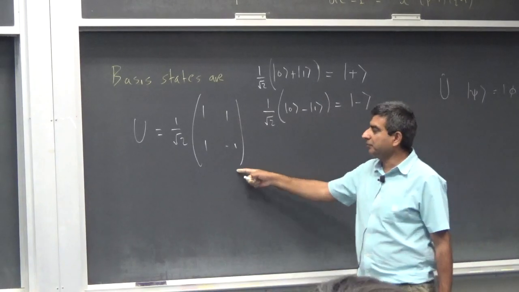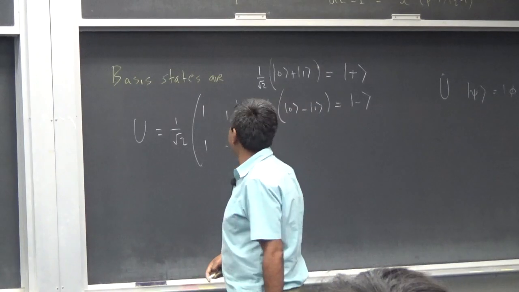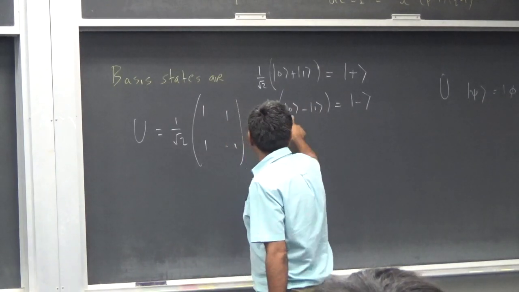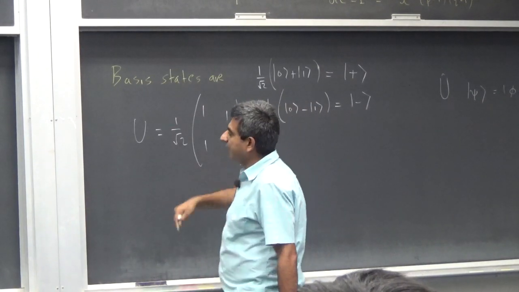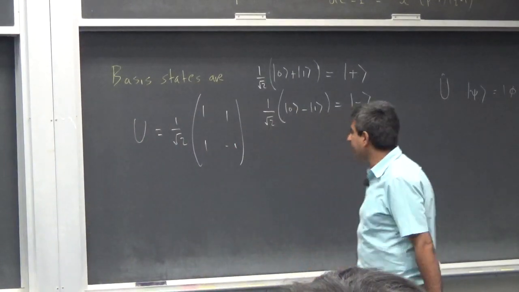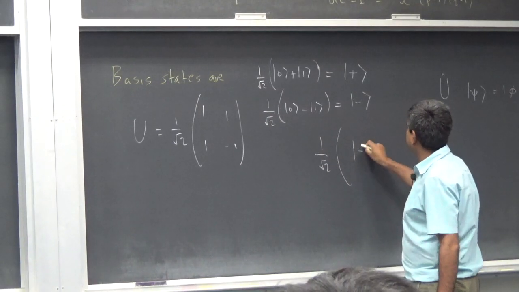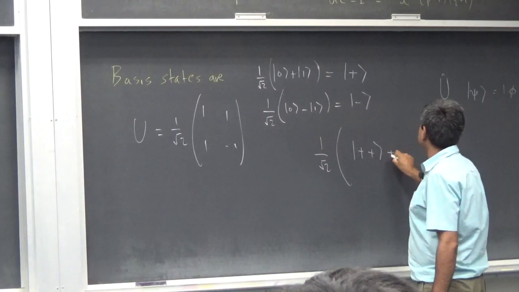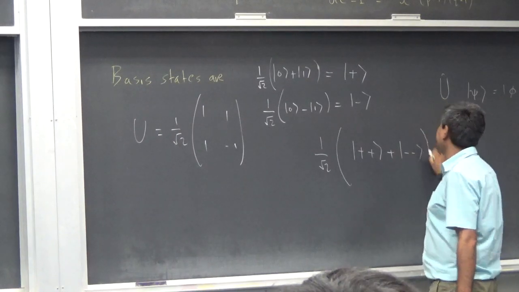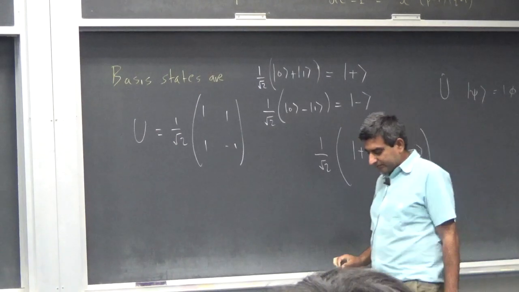If you take this U and act it upon ket 0 and ket 1 and do it for both qubits, you'll still get a new state, and that new state is going to just look like this. That's it. Still entangled. So entanglement does not depend upon the basis.